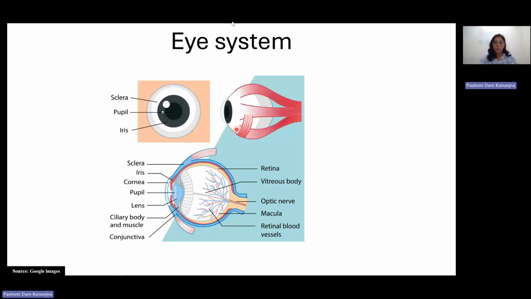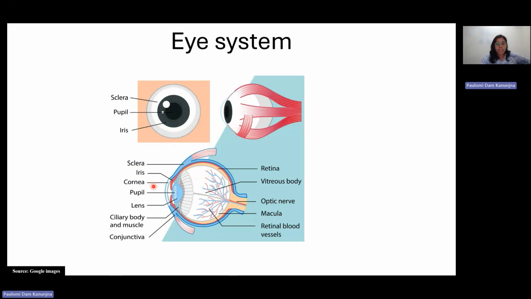As the topic is the eye system, the visual system, what you see on your slide is the anatomy of the eye. You see the sclera, the pupil, the iris.